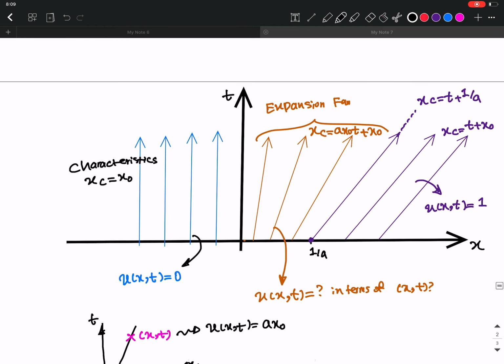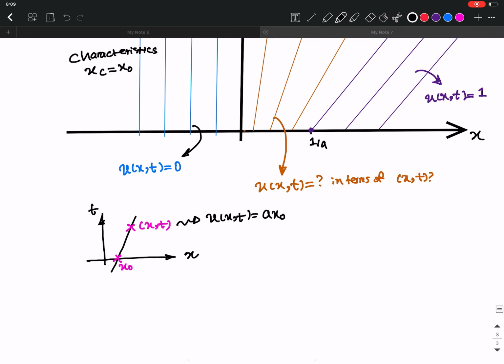This is based on what fact? The fact that this is a characteristic curve, and u is just going to propagate, it is going to be constant here, and u here I know is a x0, right? So u at x0 and t is a x0.